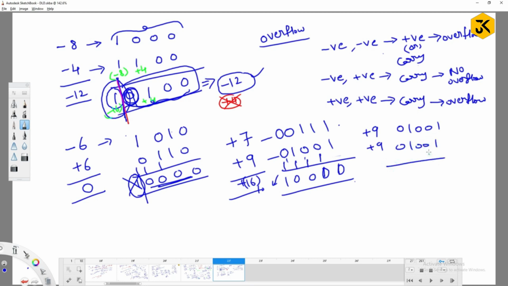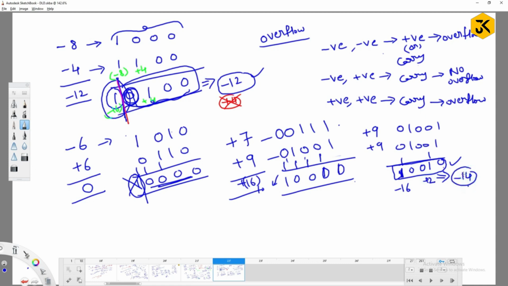So you are going to get 1 0 0 1 0. Now the point here is you got the result as 1 0 0 1 0. What is the meaning of this? In 2's complement, this is minus 16, this is plus 2, that is minus 14. Right? Is it the correct one?